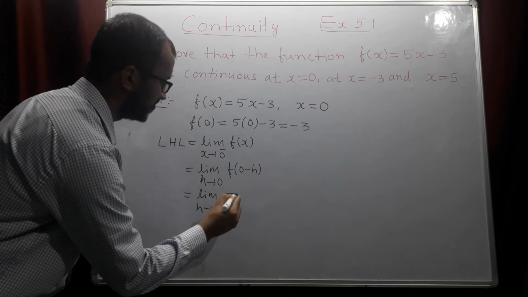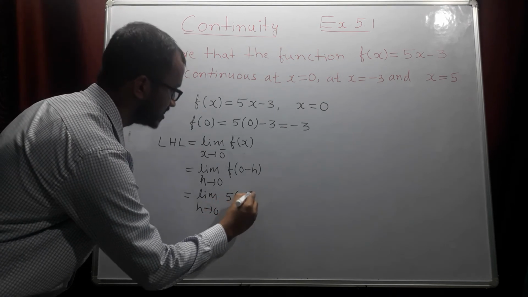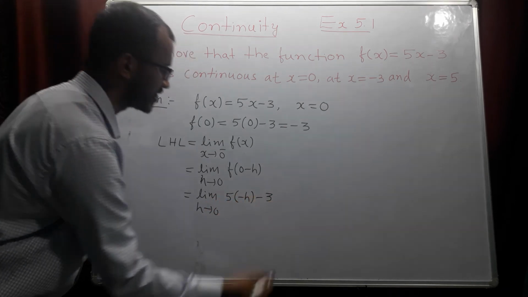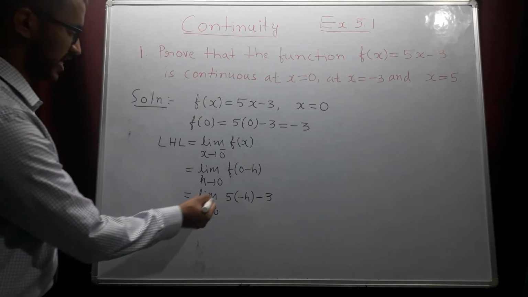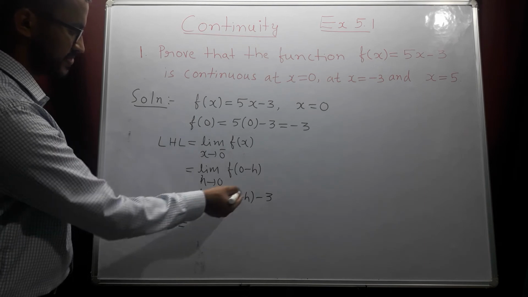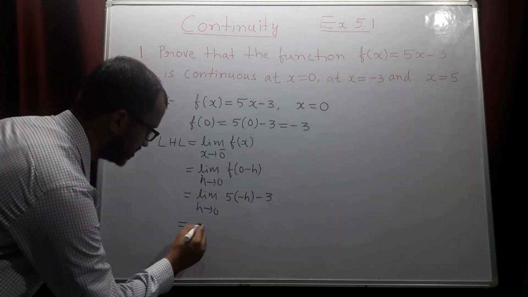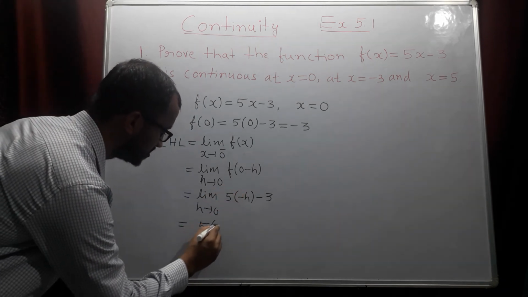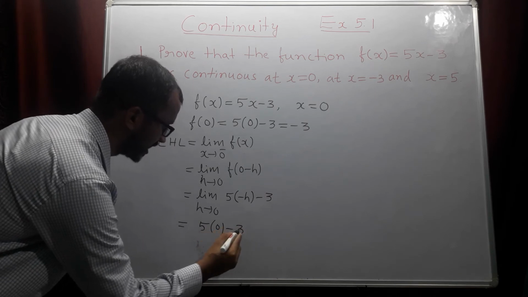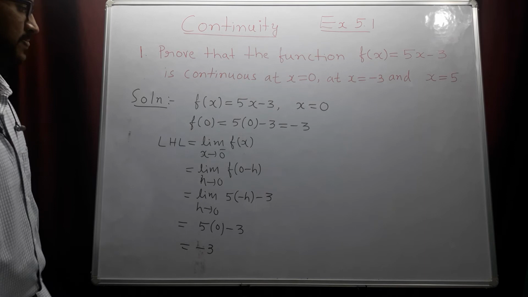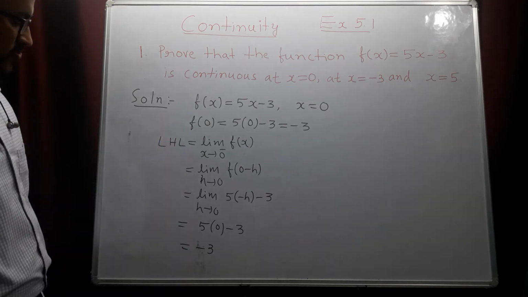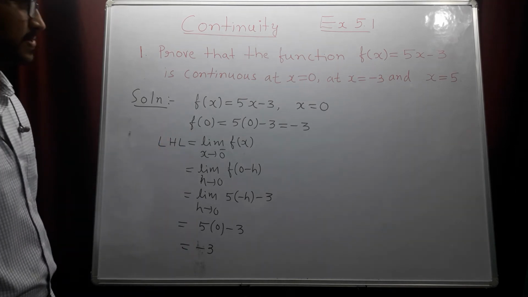That is 5 into minus h minus 3. Now substituting h as 0, we get 5 into 0 minus 3, that is equal to minus 3. So the left hand limit we obtained is minus 3.